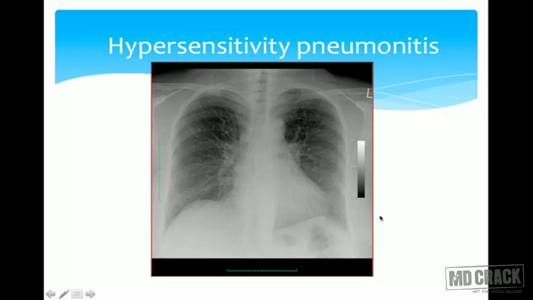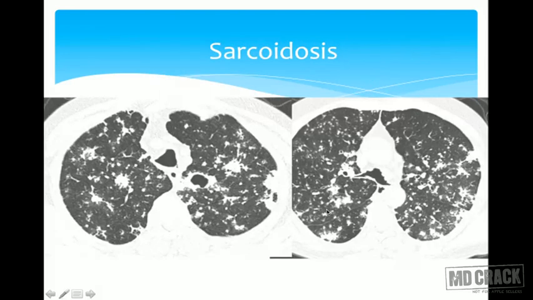Again, hypersensitivity pneumonitis. Over here, the X-ray findings may be non-specific, like mild increase in the vasculature, or congestion in bilateral lower lobes. Sarcoidosis, you might have multiple nodules, centrilobular nodules, perilymphatic nodules. Some of the nodules might also show the tree-in-bud appearance, which is quite commonly seen in tuberculosis.